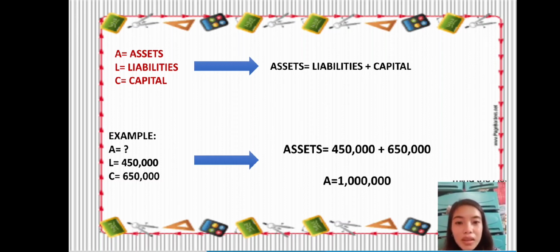In result, the assets is 1 million, because the equation that we use here is addition, which is 450,000, the liabilities, plus capital 650,000, is equal to 1 million. That is the formula in finding assets.